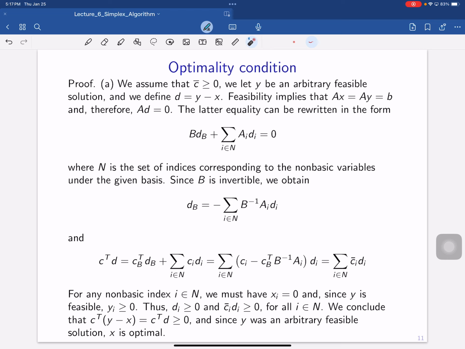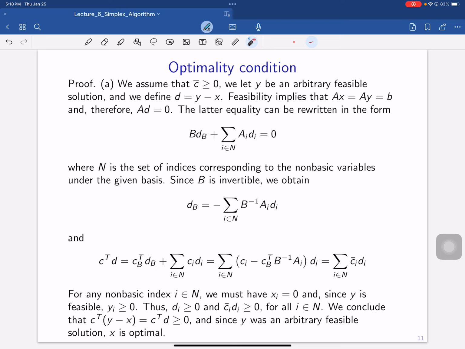The reason is that those are already dependent on the non-basic directions, since B is an invertible matrix. And amazingly, after you write it this way, this part is nothing but the reduced cost. If the reduced cost is non-negative, then it's not worth moving along the non-basic direction. So that proves the theorem.